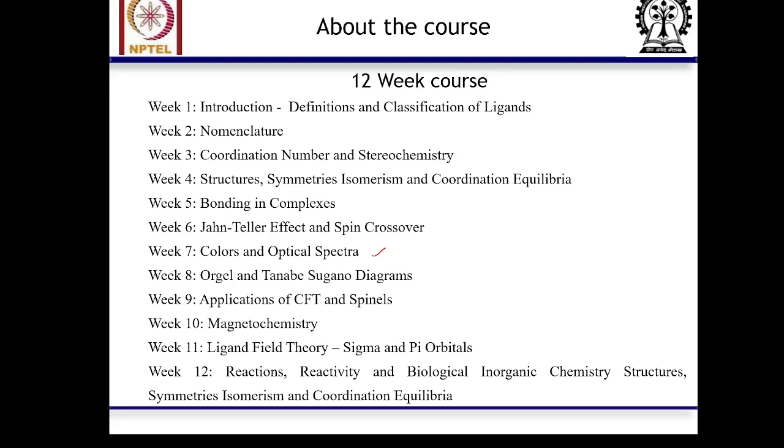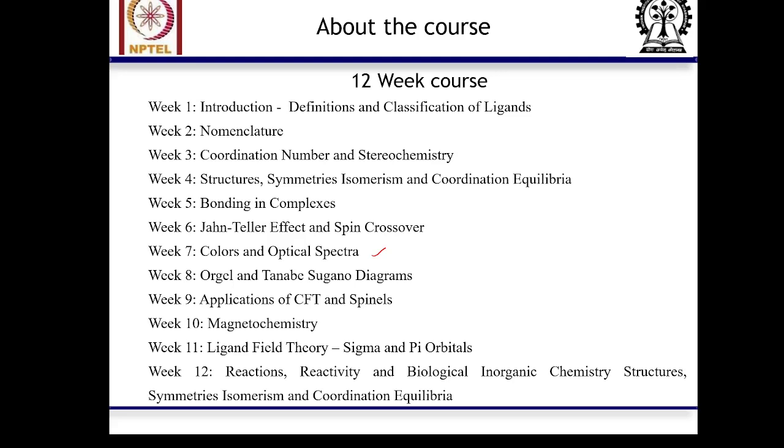Then we discussed spinels: what is a spinel, and how many octahedral and tetrahedral holes are occupied and present in it. In week 10, we discussed magnetochemistry, in detail the magnetic properties of coordination complexes, and a little bit about ligand field theory, basically in the sigma orbitals.